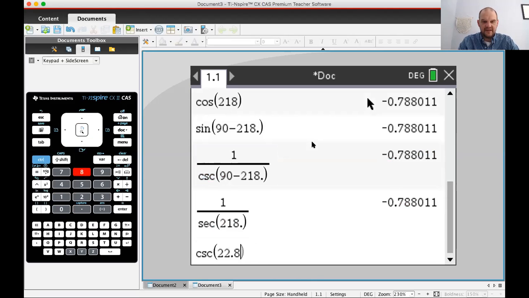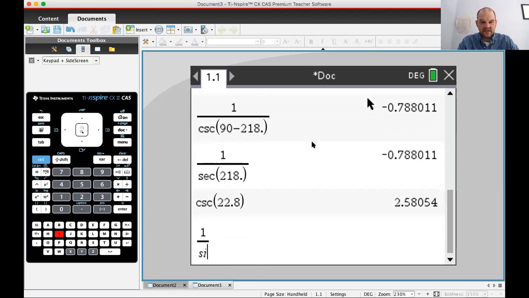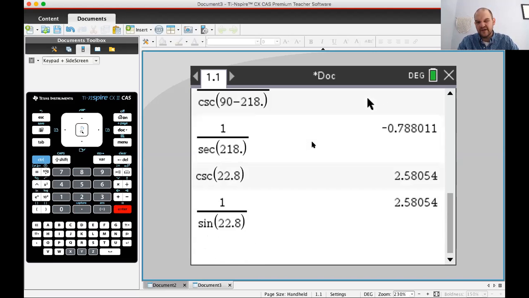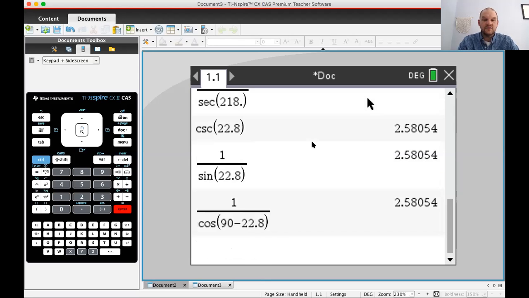Cosecant of 22.8. What else we got? 1 over the sine of 22.8. That's the direct thing that you get. We also could have done 1 over the cosine of 90 minus 22.8. That should give me the same thing, which means that we could have done the secant of, or is that the one we did? No, we didn't do that. 90 minus 22.8.